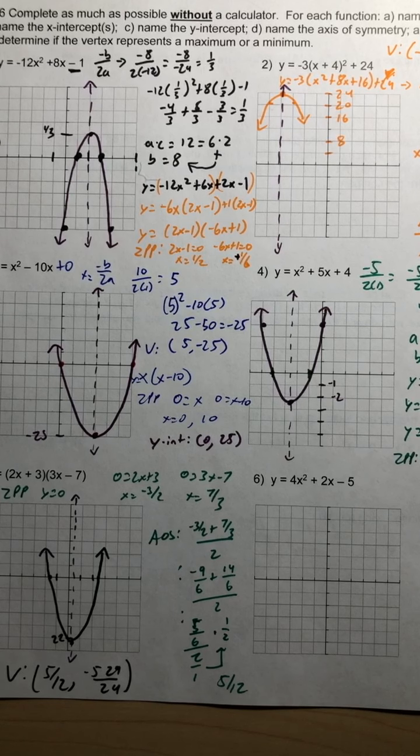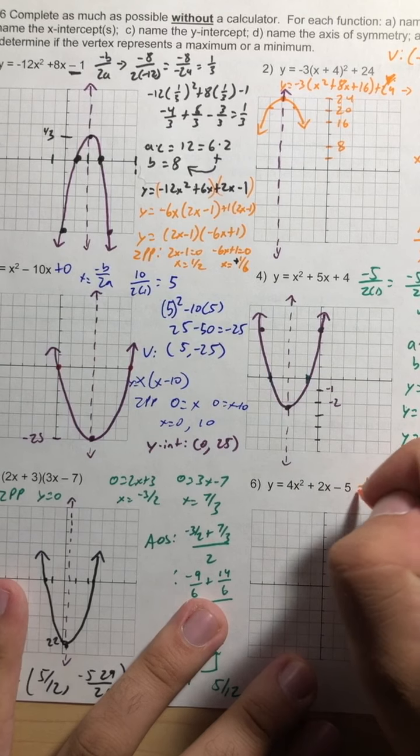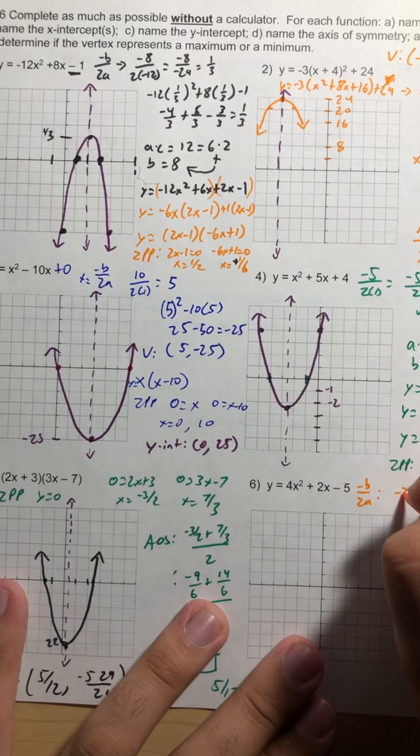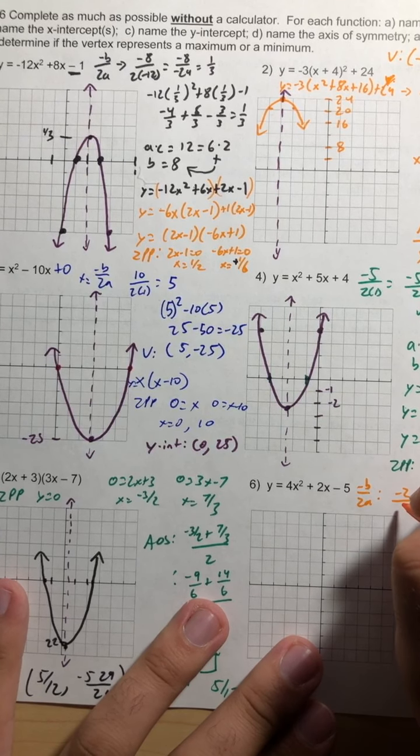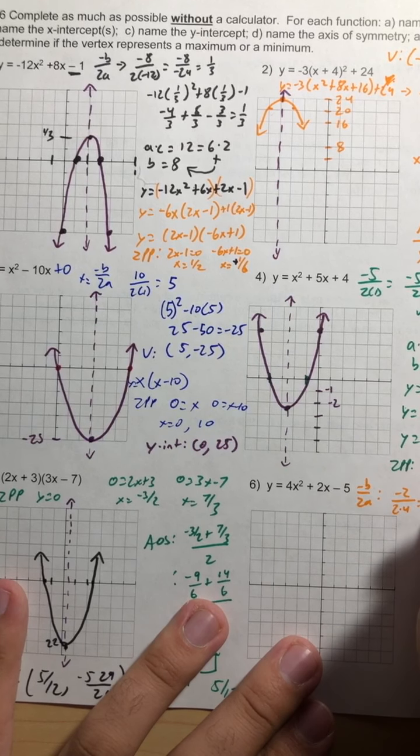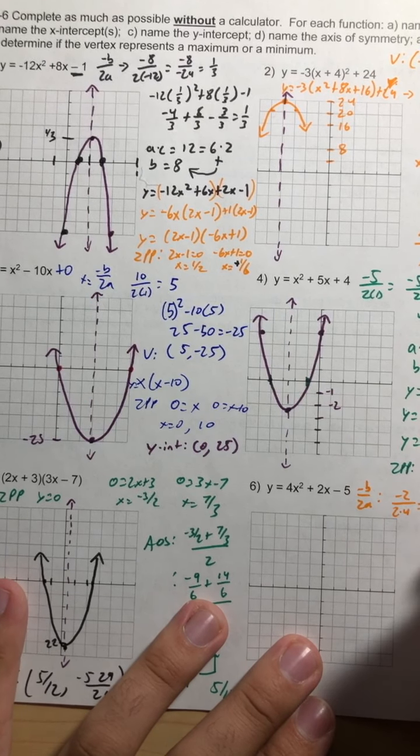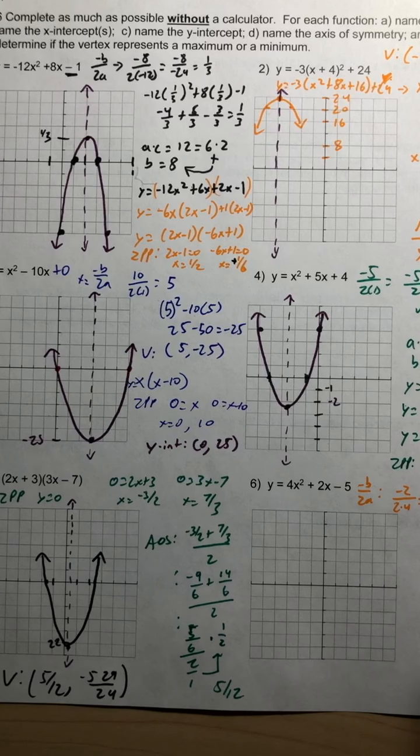All right. And lastly, we get number 6. So I'm going to go ahead and try and do my vertex opposite b over 2a. So negative 2 over 2 times 4, which is 8. So negative 1/4 is my value.